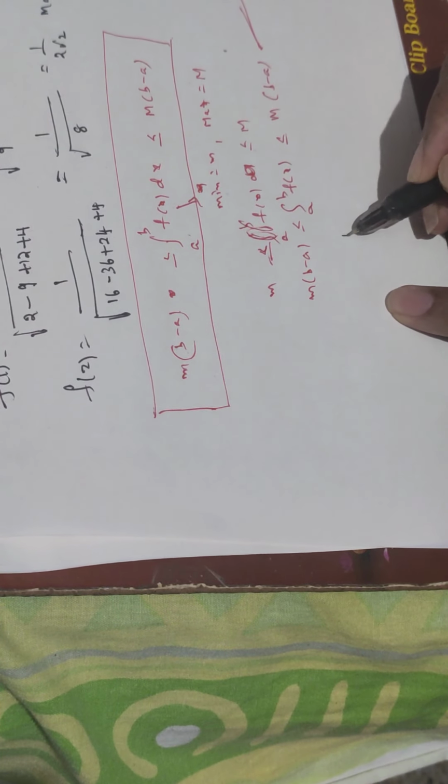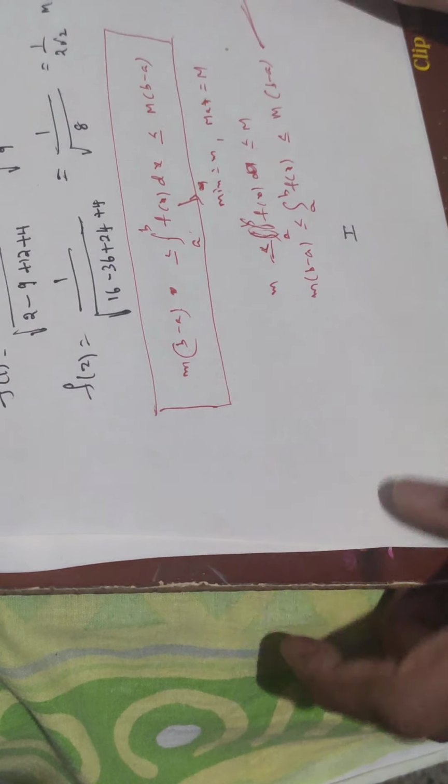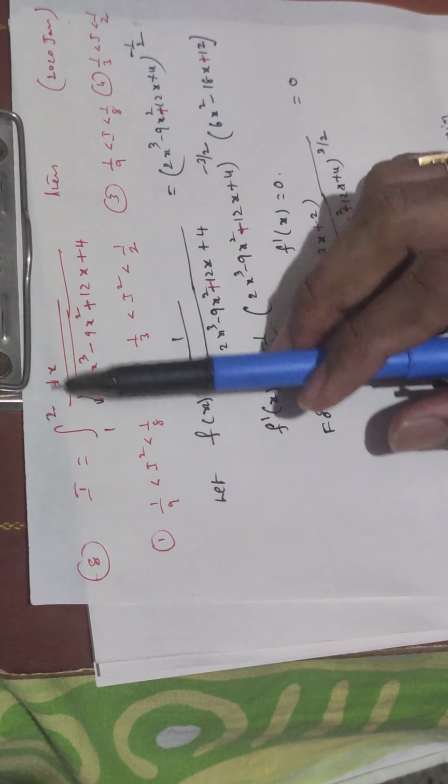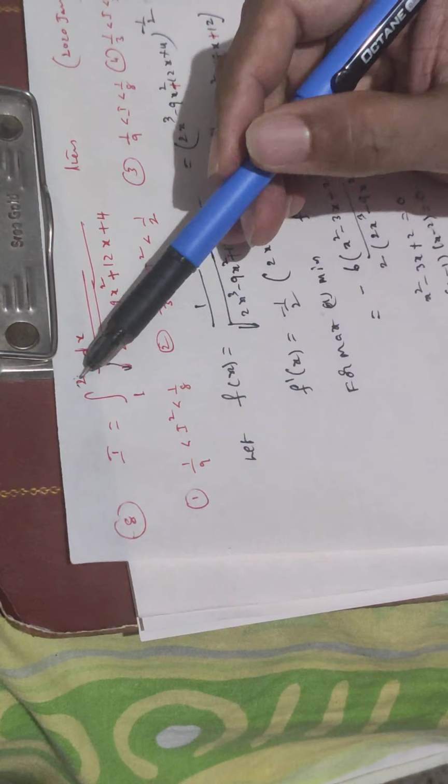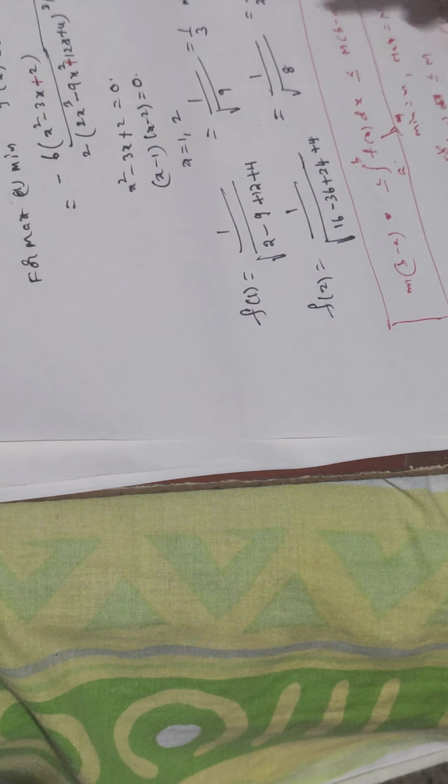So when we use this property here, let us take I as the given integral. Here b minus a is 2 minus 1, that means 1, into the minimum value 1 by 3.